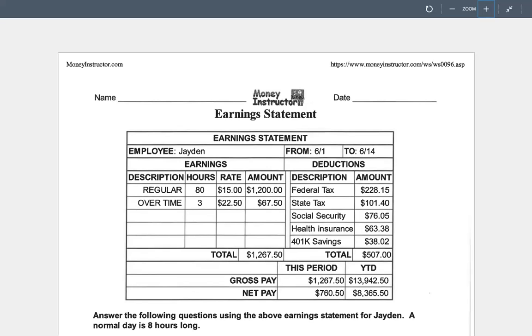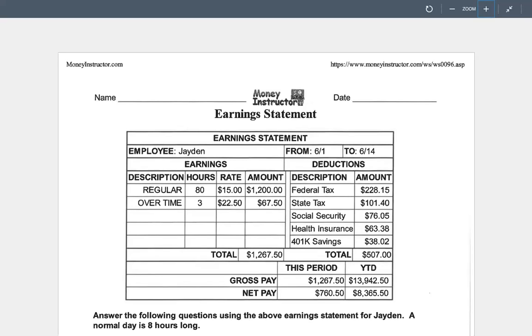Okay, so we're going to go to the next column that says rate. Does everybody see rate? Okay, so if we look across, for regular time, he worked 80 hours, and for those 80 hours, he was paid $15 an hour.